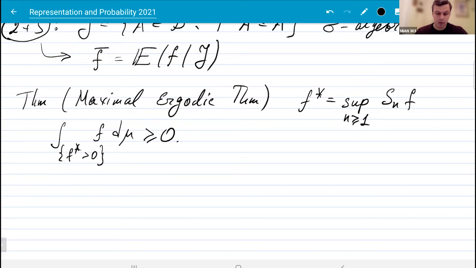Consider the set, so we say that f star is positive.